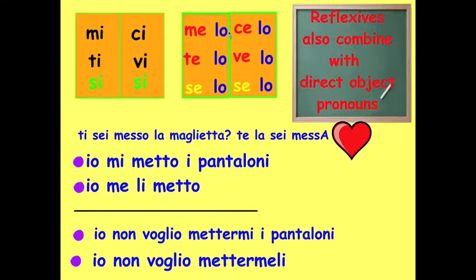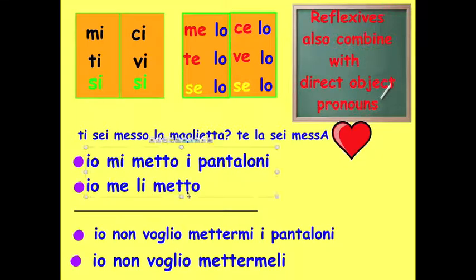So again, your objects are lo, la, li, le. You're not dealing with the top four. And this reflexive matches the subject, and the object matches the object. Okay, remember, it's for very few verbs. Okay, so io mi metto i pantaloni, io me li metto.